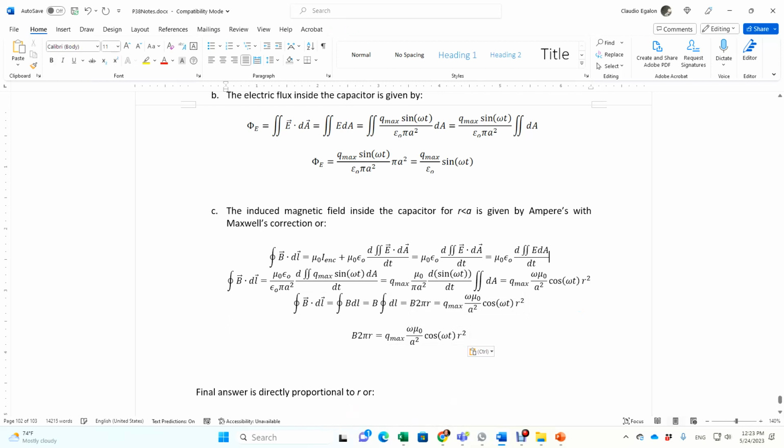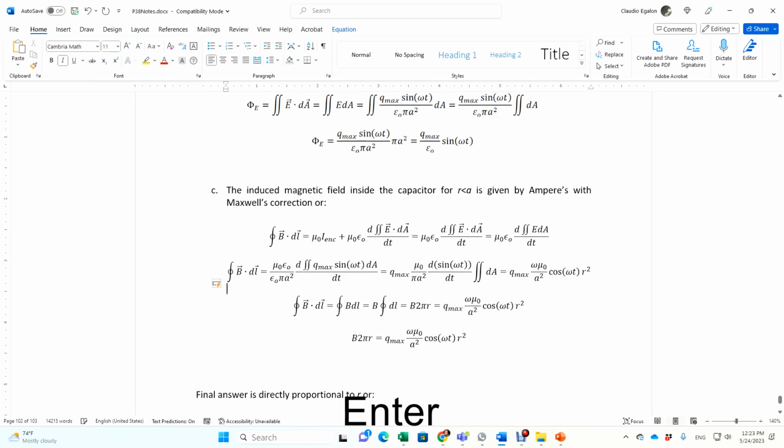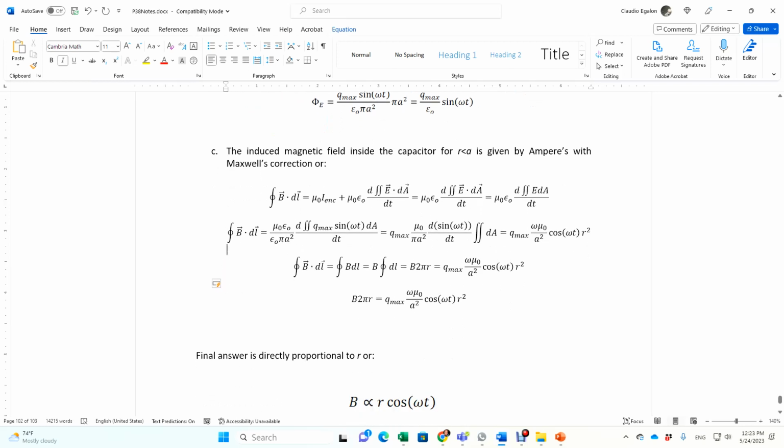That's the step-by-step. Okay, what else can we do to simplify? We can cancel this r with the other one. And that's all we can do, right?